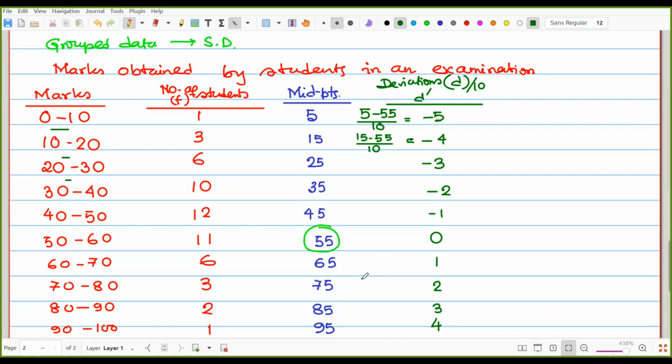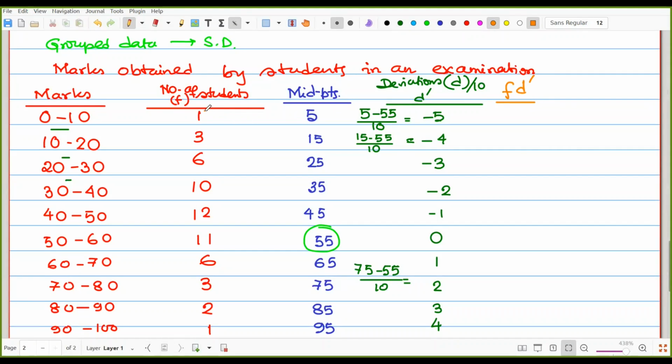I am once again calculating that one. Suppose that means 75 minus 55 divided by 10. So that is 20 by 2, or 10. Next one, the column is for the FD dash.